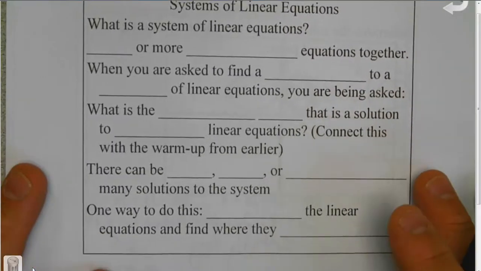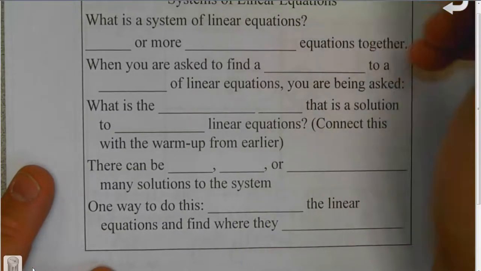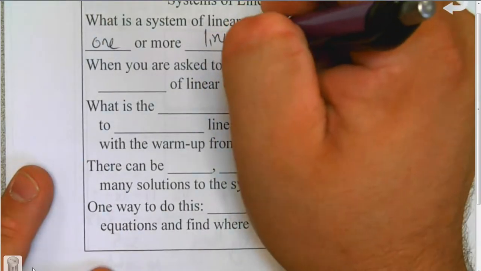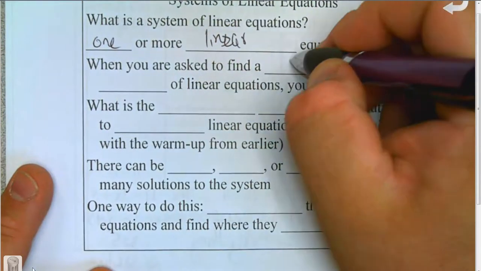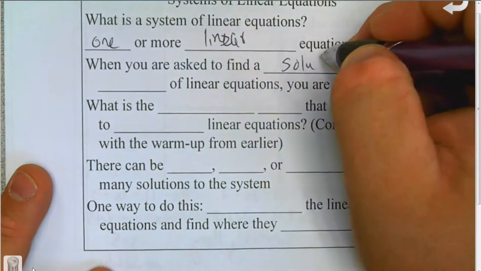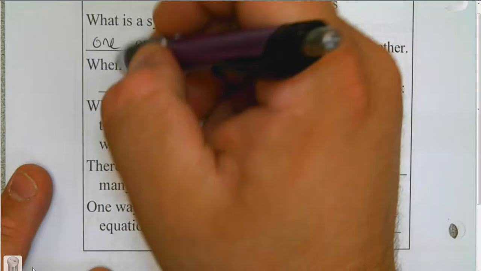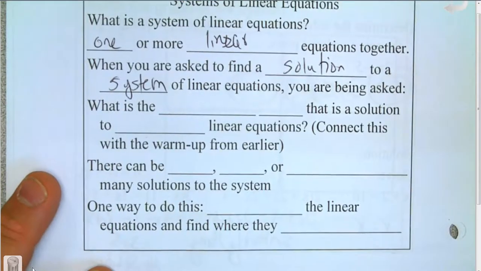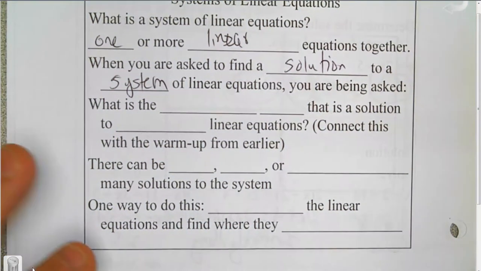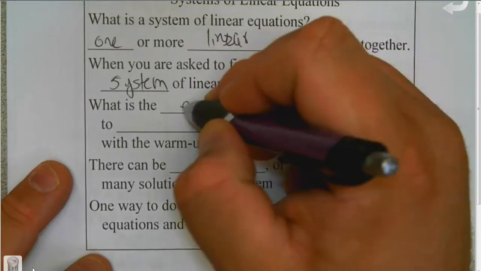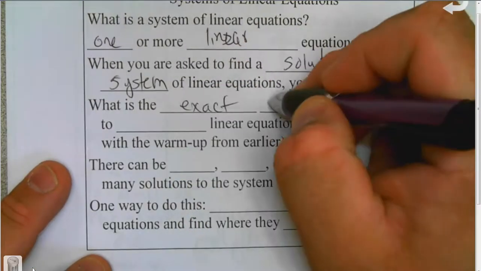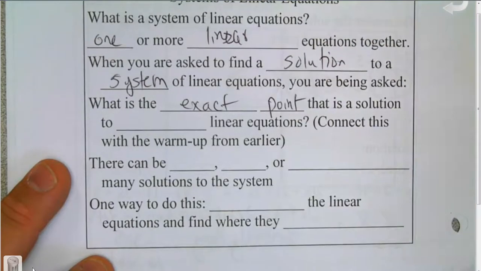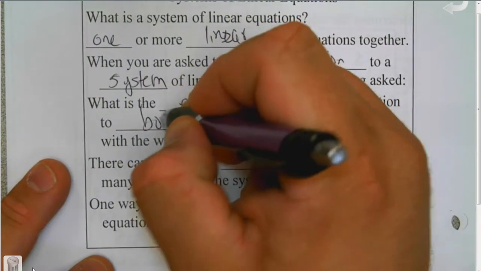So a system of linear equations is one or more linear equations that are put together. And when you're asked to find a solution to a system, you're being asked, what is the exact point that is a solution to both linear equations?